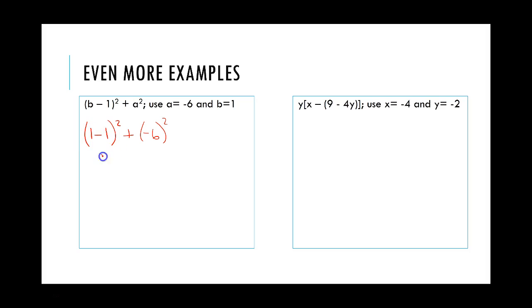So 1 minus 1 is 0. -6 squared. Again, there's parentheses. There has to be parentheses. If you didn't put parentheses, you would get your answer wrong. This is -6 times -6, which is 36. 0 squared is 0, plus 36 is 36.